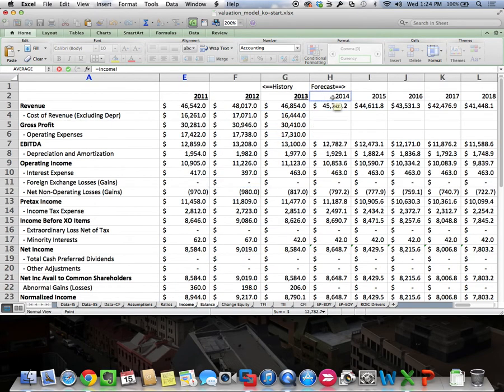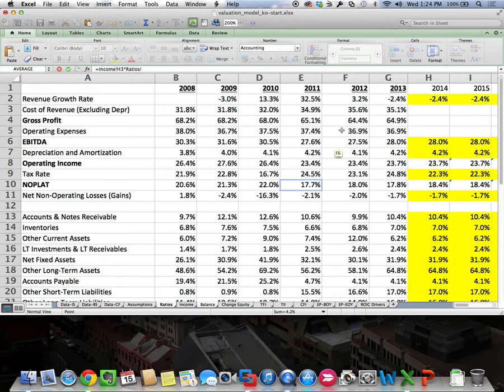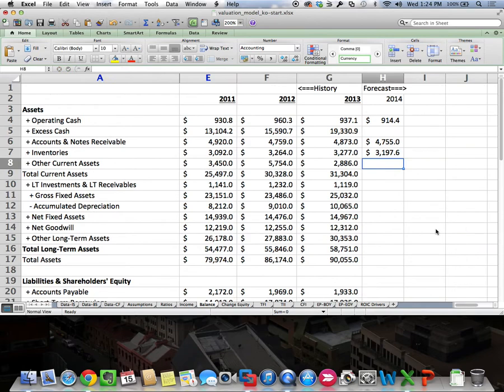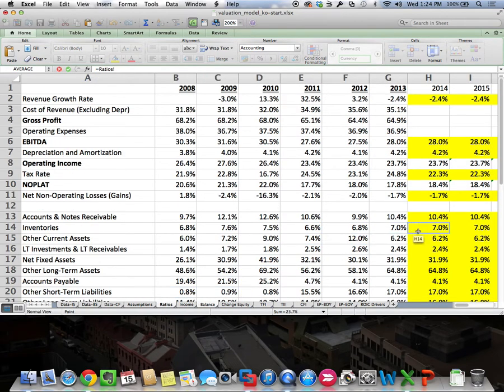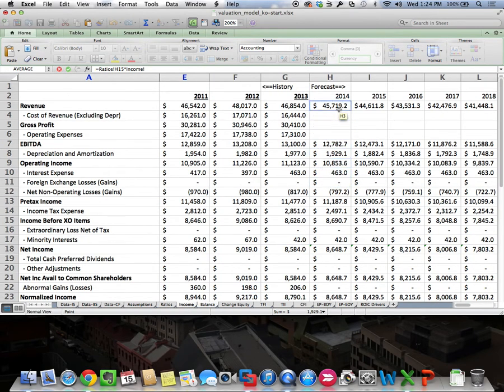Income tab 2014 revenue times ratios 2014 inventory as a percentage of revenue. The next one is other current assets equals, so it doesn't really matter which way you go first, equals ratios other current assets as a percentage of revenue times income 2014 revenue.